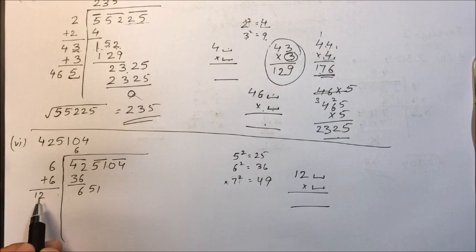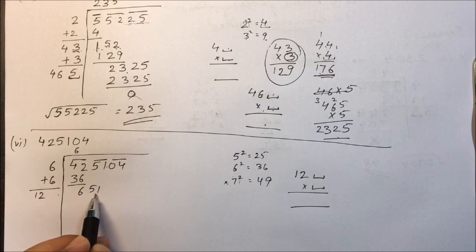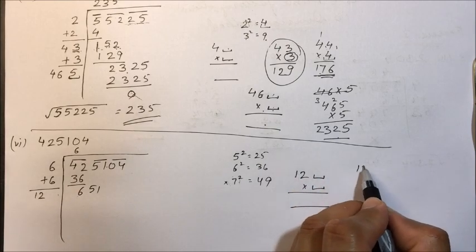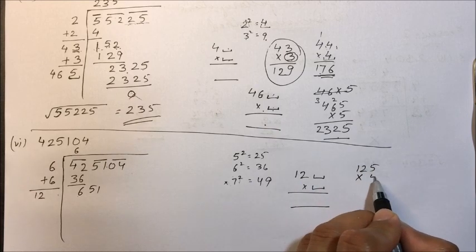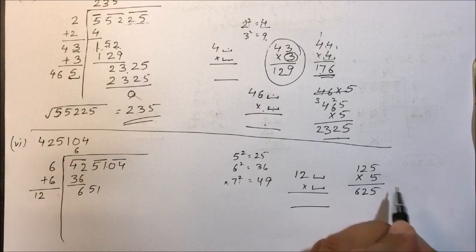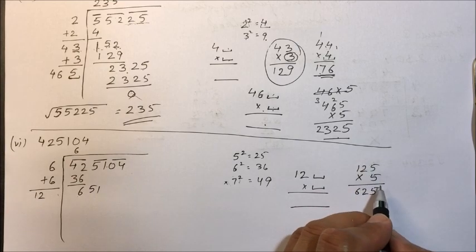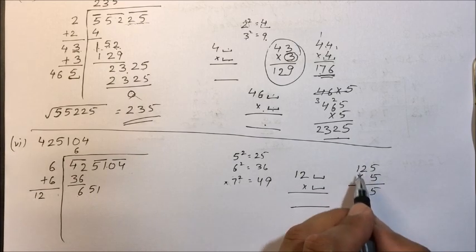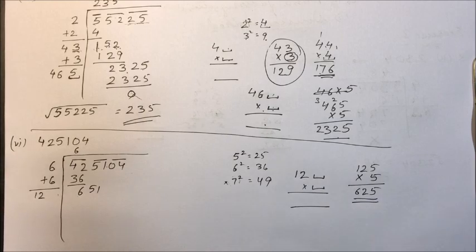So here you can check, take these two digits, leave one. Here as well leave one digit. 125 and 126. 126 into 6 exceeds. So we check 125 into 5. It comes out to be 625. 5 5s are 25, 2 carry, 5 2s are 10, and it comes out to be 625.